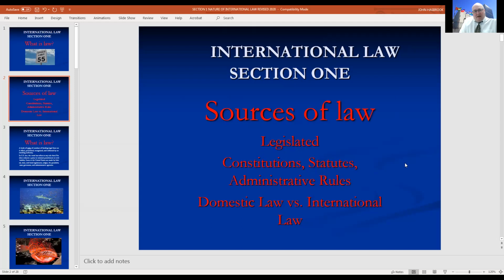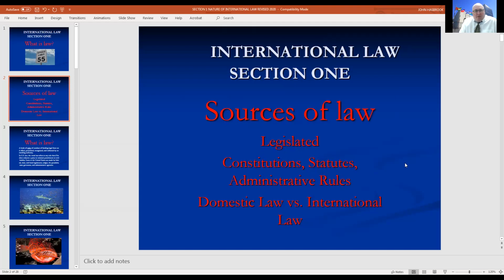So in the United States, for example, we have federal law, which is the United States Code, which is statutory law that's written by Congress. Every state within the United States also has its own legislature that can create state law. And those are written rules that we're familiar with.